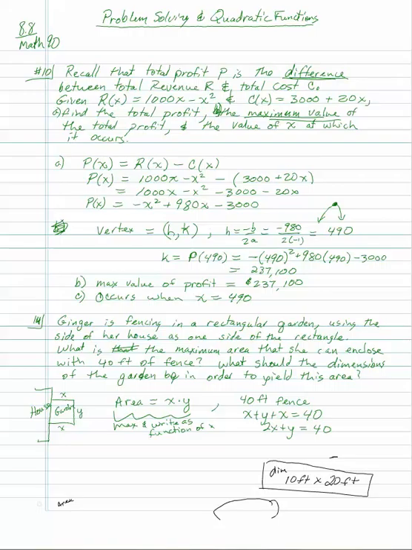So we're going to solve the restriction of fencing for y. We subtract 2x, so y equals 40 minus 2x, and plug it into the area function.